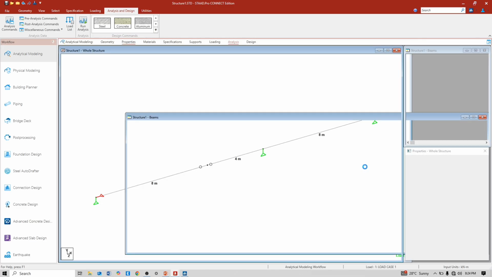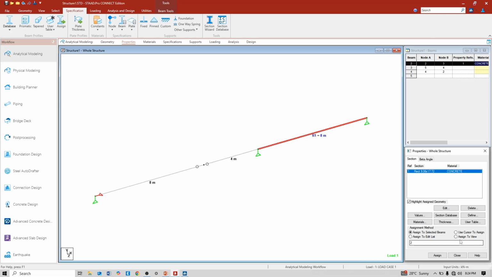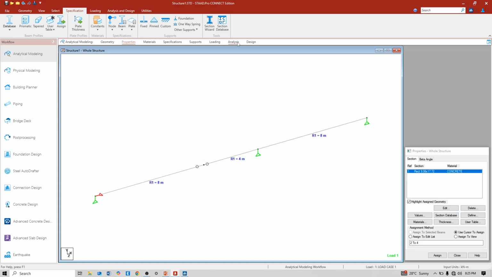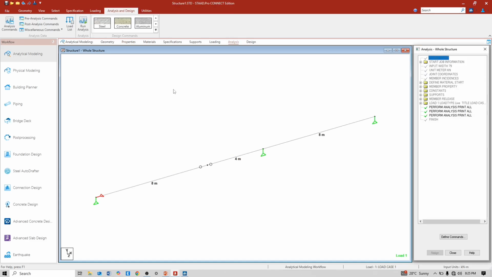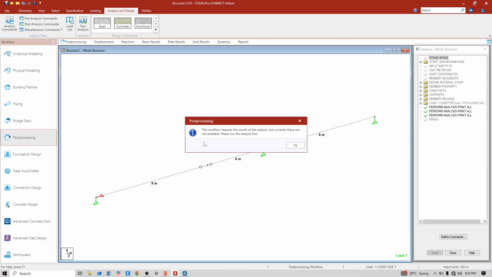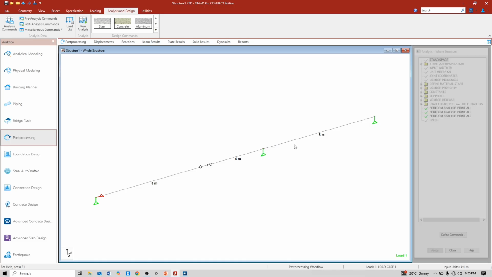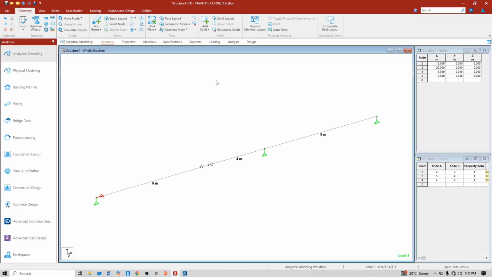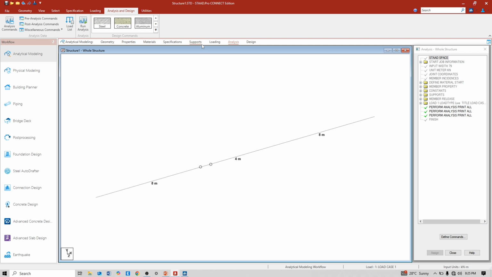Again go to properties, select, assign to view, assign, yes. So go to analysis, go to post processing workflow, requires report analysis. So go to analysis, run analysis and save.